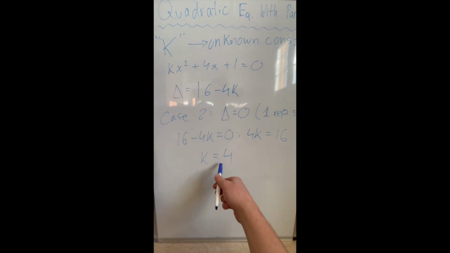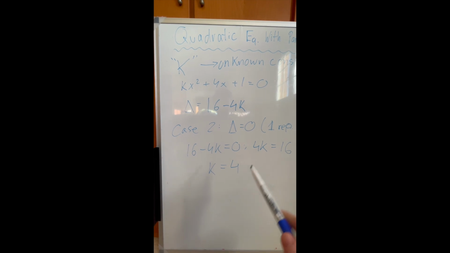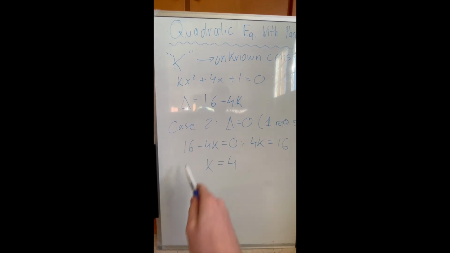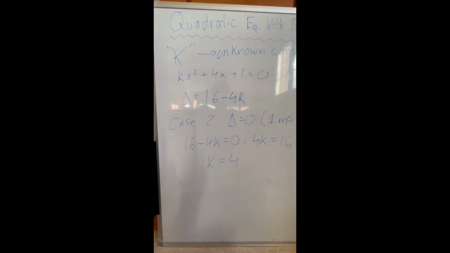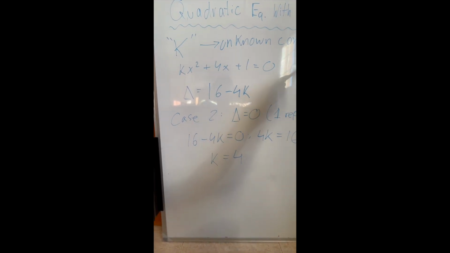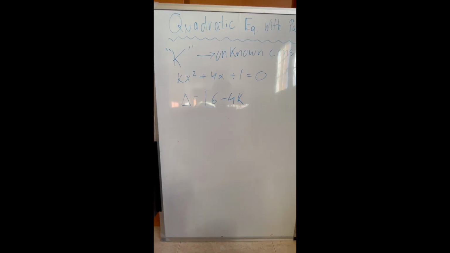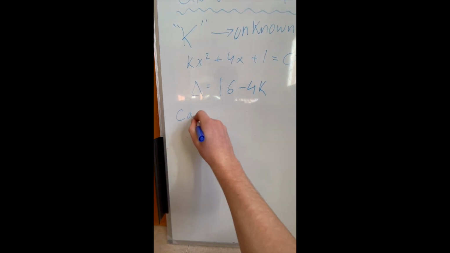So, if we input this value, we get that k is equal to 4, and x only has 1 solution, meaning that the discriminant is equal to 0, the square root is equal to 0, so there is no plus or minus.